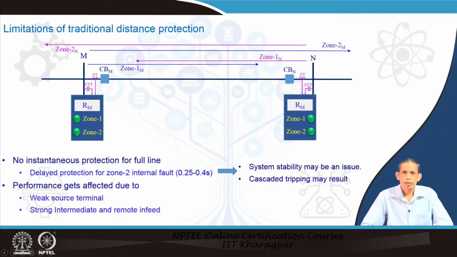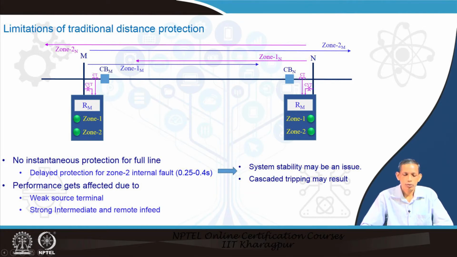The other thing we have seen in distance relay performance, in earlier classes, is remote infeed, and also when we have an intermediate T connection. In that case also zone 1 has limitation, and the infeed amount limits the performance of the distance relay schemes.